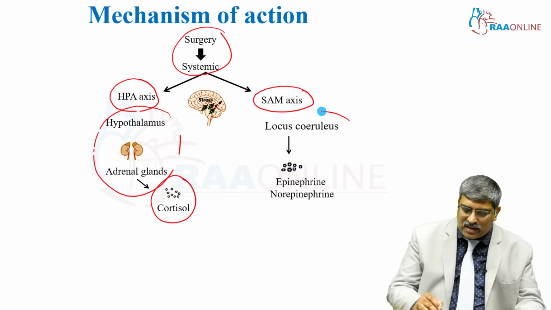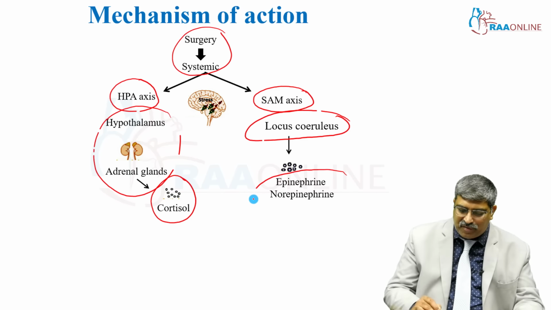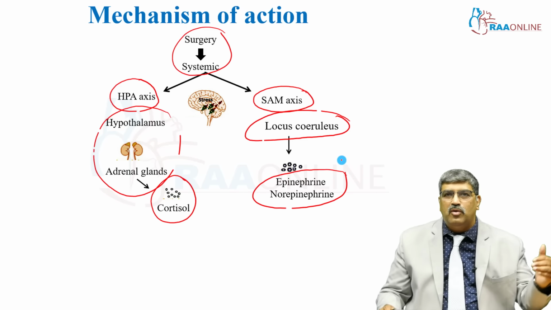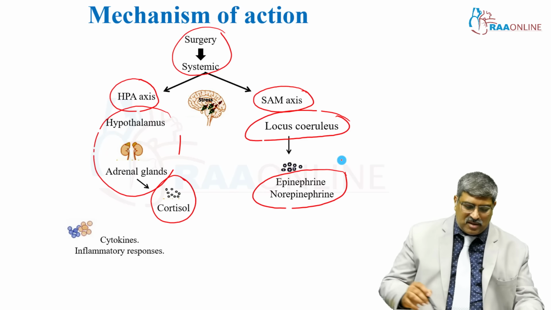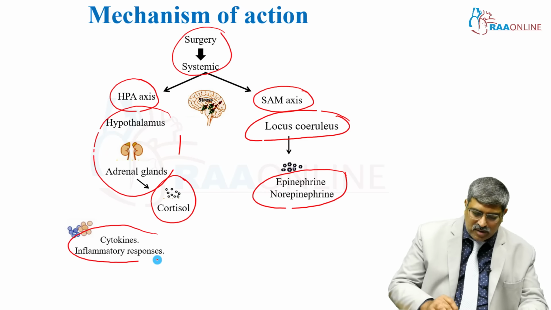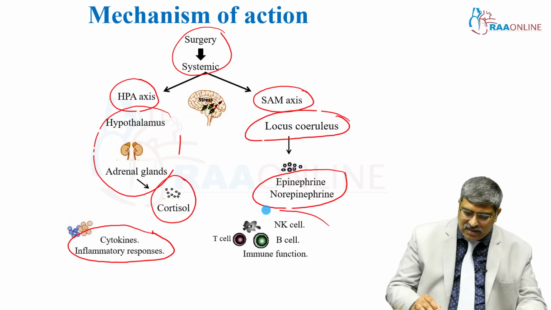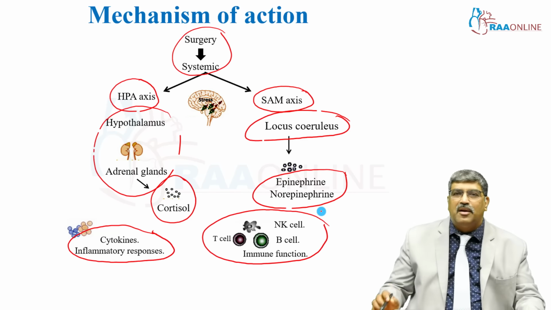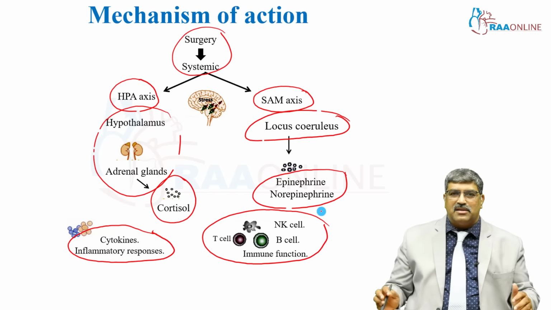The sympathetic nervous system will cause the release of epinephrine and norepinephrine through the locus coeruleus. Another important thing which happens with the stress of surgery is the inflammatory response, where your cytokines go up and there is decreased immune function, which is mediated via T cells, B cells and natural killer cells.